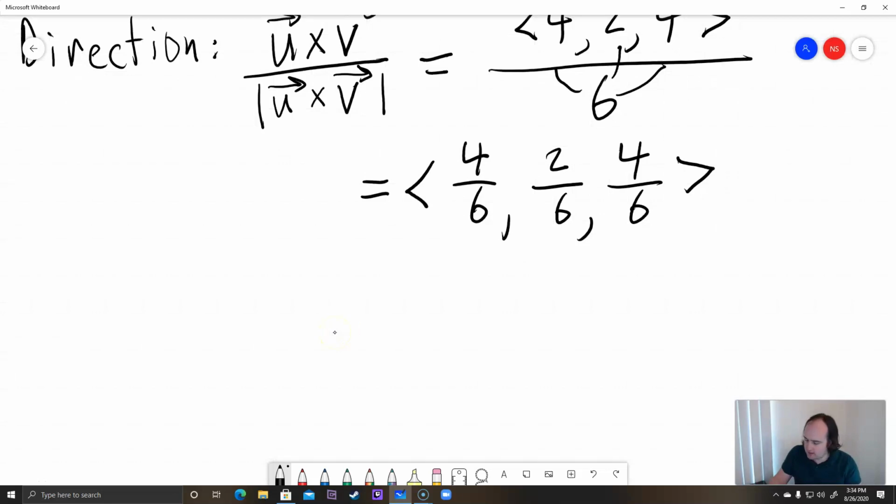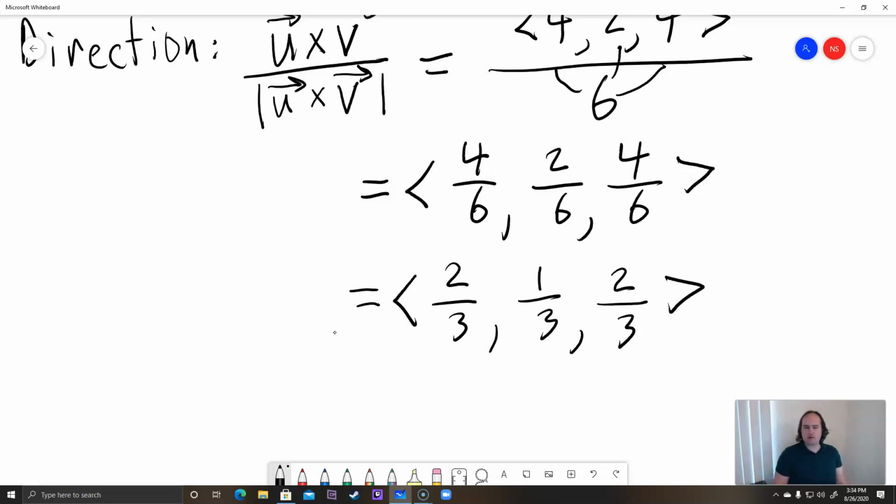So 4 divided by 2 is 2 over 3. And then we're going to have 1 over 3, and then 2 over 3 again. Just writing those fractions in lowest terms. Okay? So 2/3, comma 1/3, comma 2/3 is actually going to be our answer for the direction.